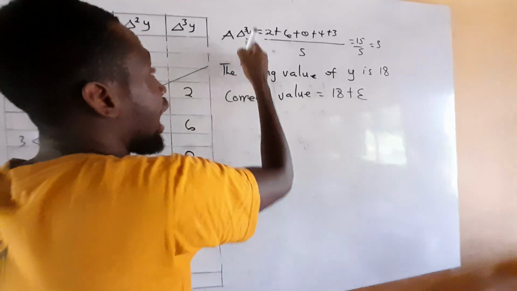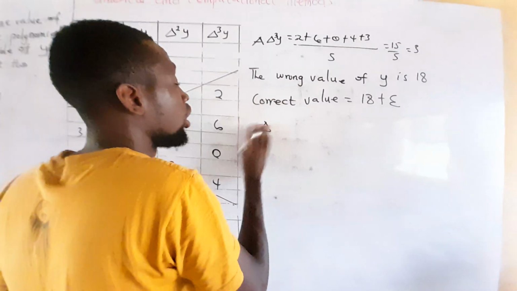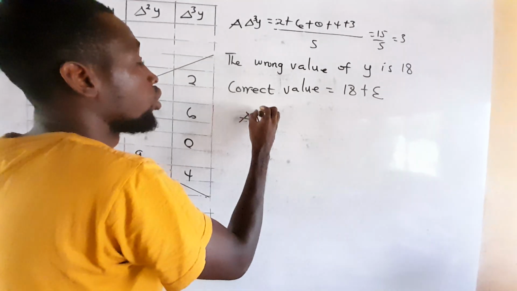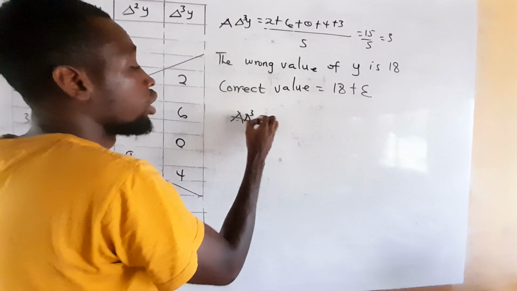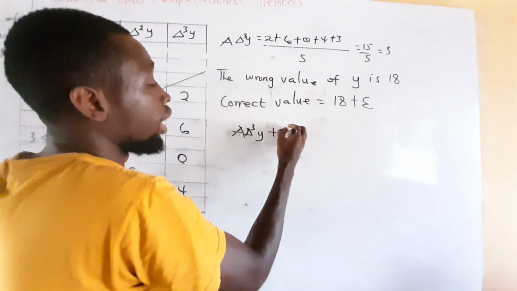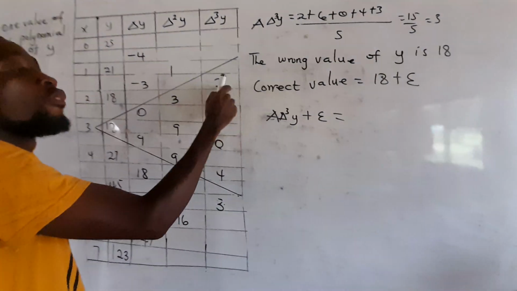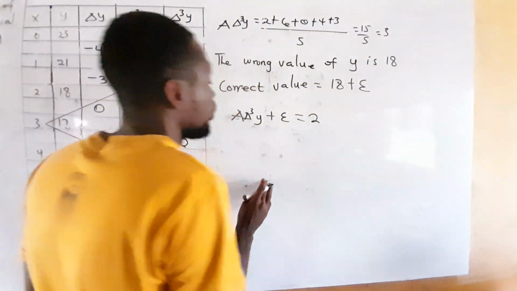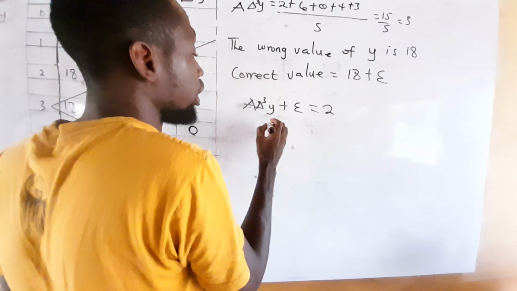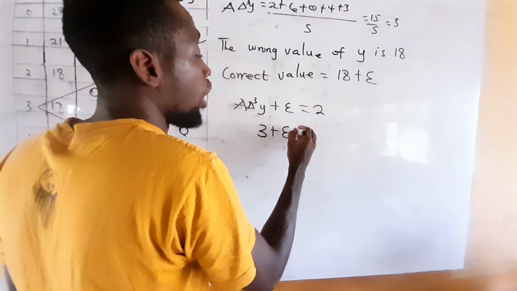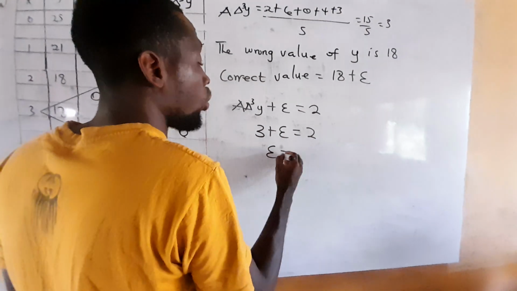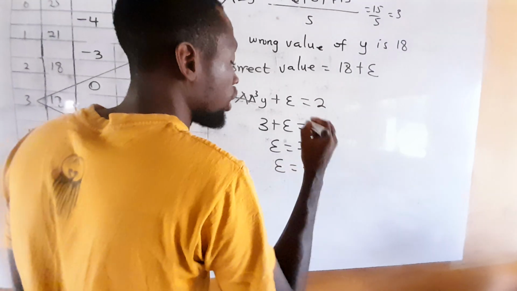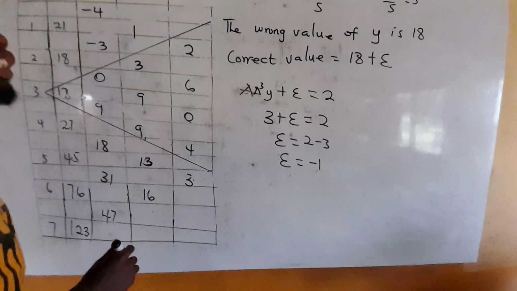So the average of del cube y, okay? Then plus the error will be equal to the first wrong value here, which is 2. What's the average? The average is 3. So 3 plus the error will be equal to 2. The error will be equal to 2 minus 3. The error is negative 1. So we see that the error is negative 1.